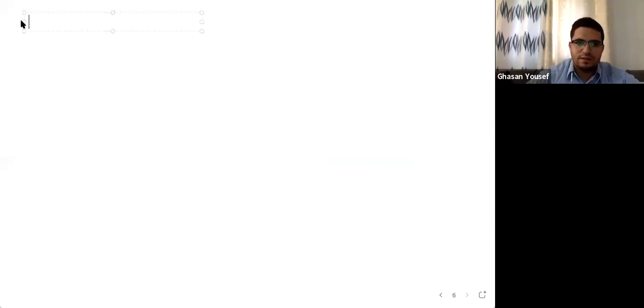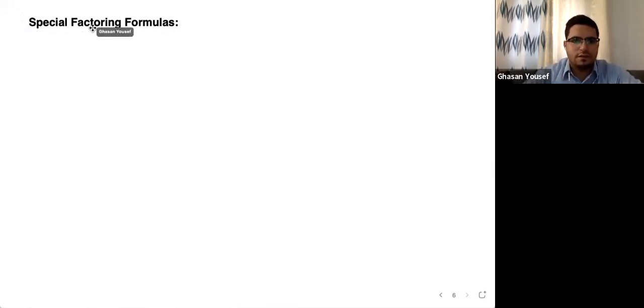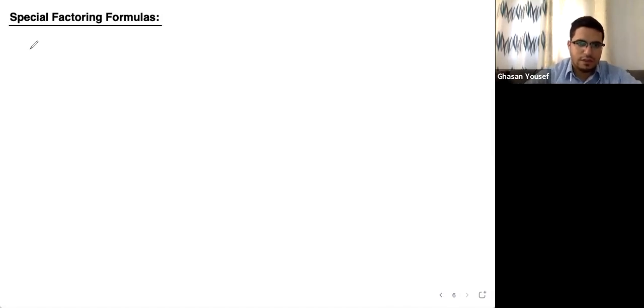So the first special factoring formula is the difference of square.